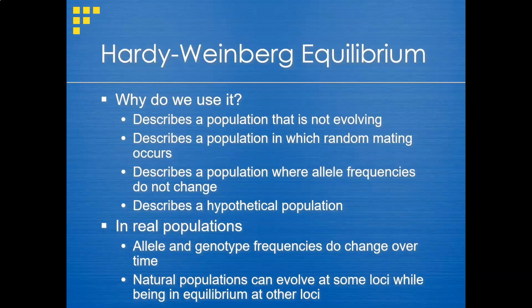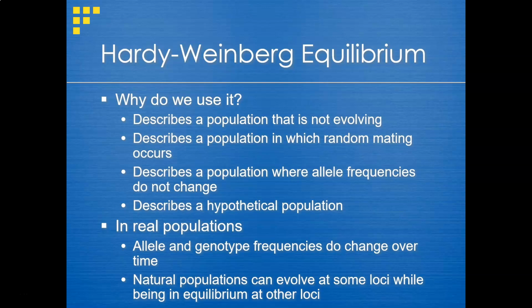If we look at real populations across the globe, in the ecosystems, Hardy-Weinberg rarely, if ever, actually happens. This equilibrium rarely occurs because the environment is going to be influencing who survives, who reproduces, and who doesn't. And so in most real populations, those allele frequencies and genotypic frequencies will change over time.